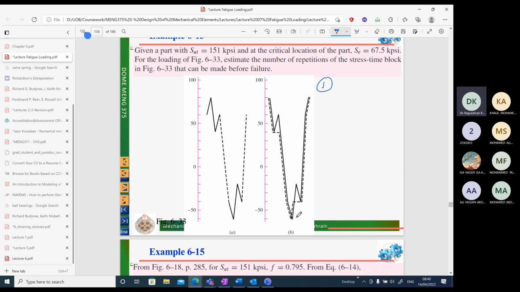So for the first cycle, I'm going to consider the max and the minimum values. What is the sigma max value here? We have 1, 2, 3, 4, 5 divisions between 50 and 100. That means each division is 10 kpsi. So 60, 70, 80.